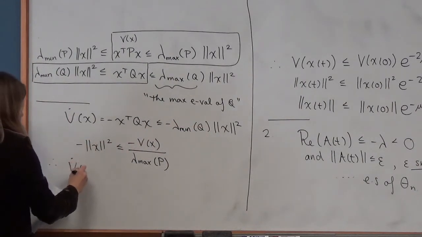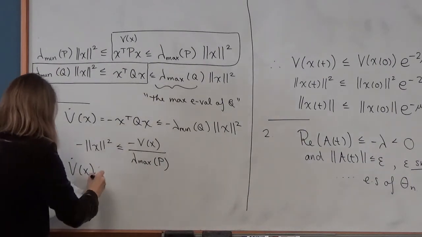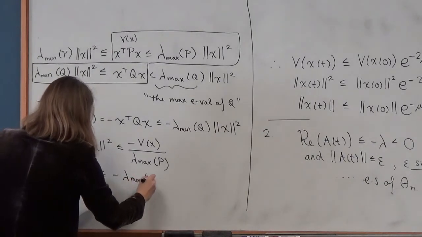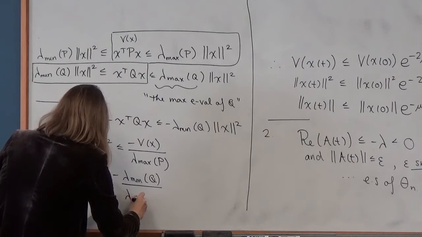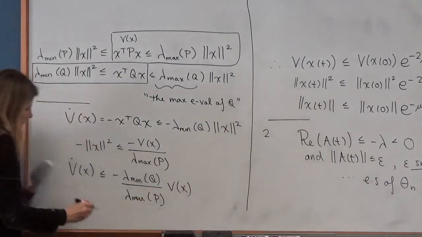Therefore, V dot of x is less than or equal to negative lambda min of Q over lambda max of P times V of x.